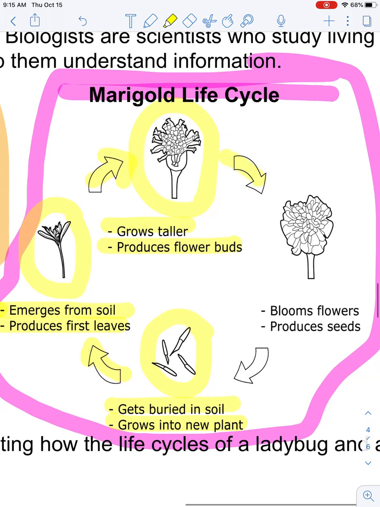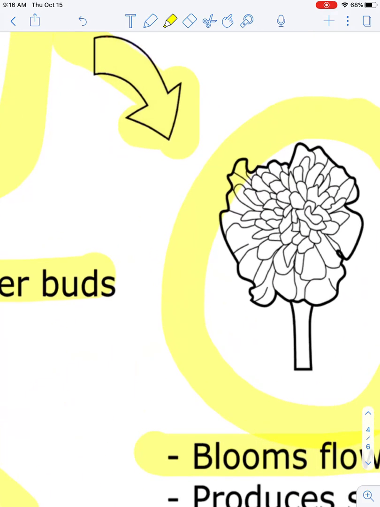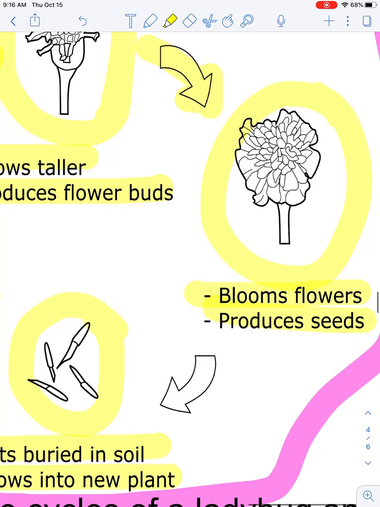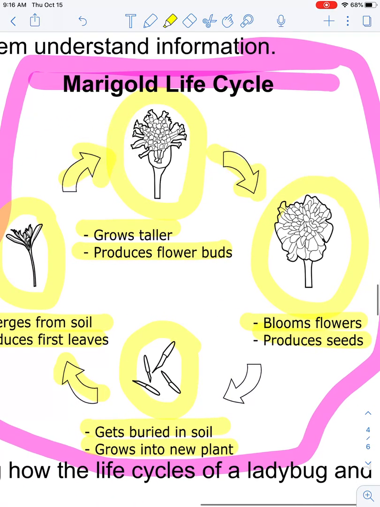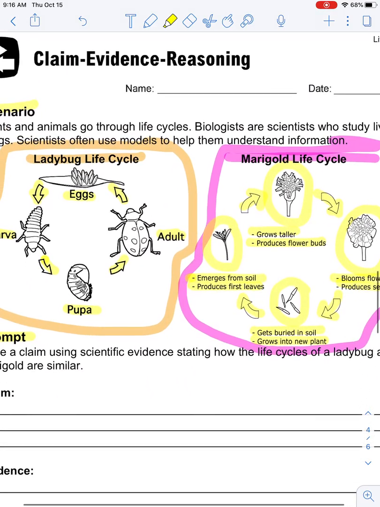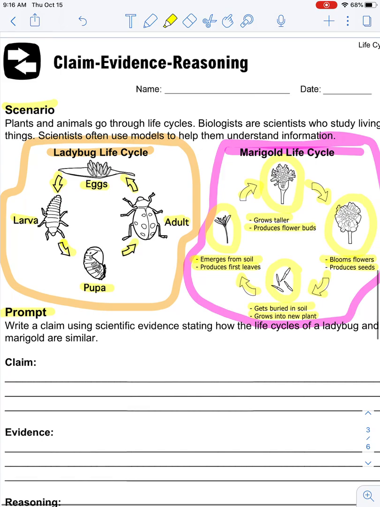My 4th stage looks like this, and here it says blooms flower, so here's my flower, and it produces seeds, so I can see that there's seeds inside there. So those seeds must be then what fall out or are dispersed, and then start this life cycle all over again. So I have 2 life cycles. I have a ladybug, which is an insect, and I have a marigold, which is a plant or a flower.